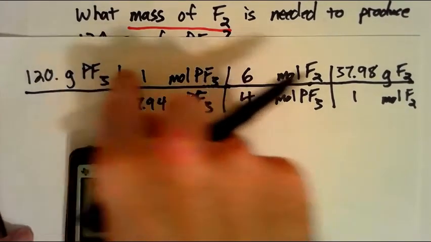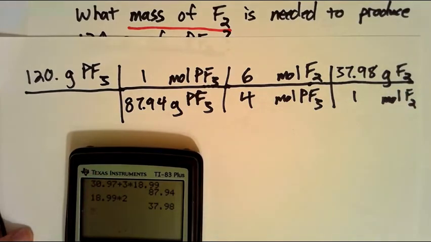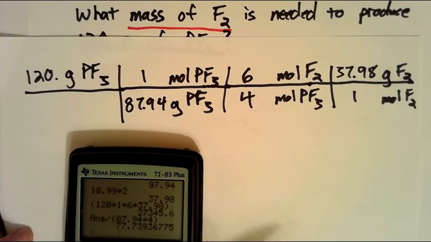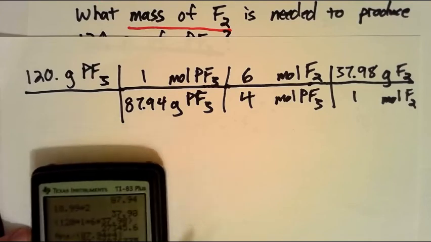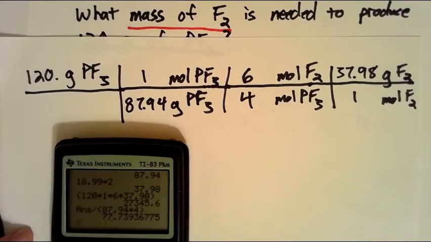So now I'll take the product of everything on top and multiply those together: 1 times 6 times 37.98, and I'll divide by the product of everything on bottom. Notice I'm putting parentheses on the bottom. On these TI-83s, they are really finicky if you don't put the parentheses and respect the order of operations.